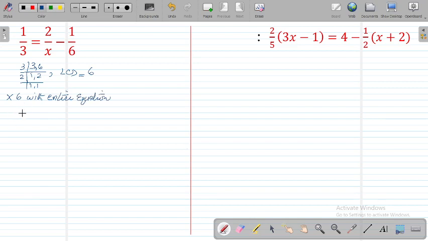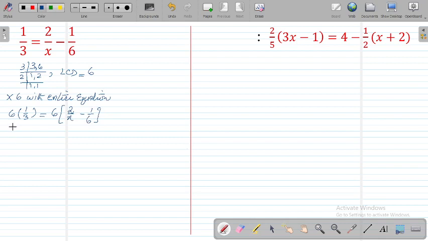We're going to get 6 into 1 upon 3 is equal to, again we multiply this expression, 6 into 2 upon x minus 1 by 6, 1 upon 6.